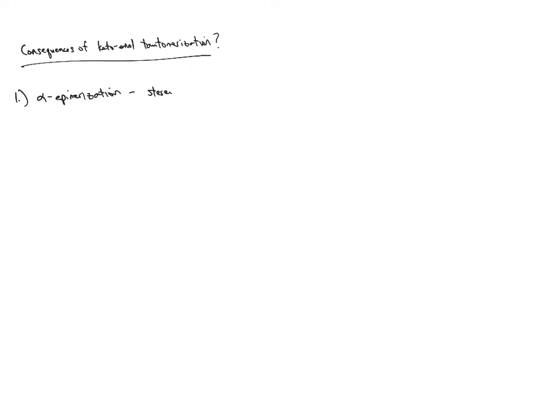Alpha epimerization is the stereochemical equilibration of a stereogenic center. And this can happen under acidic conditions or basic conditions.